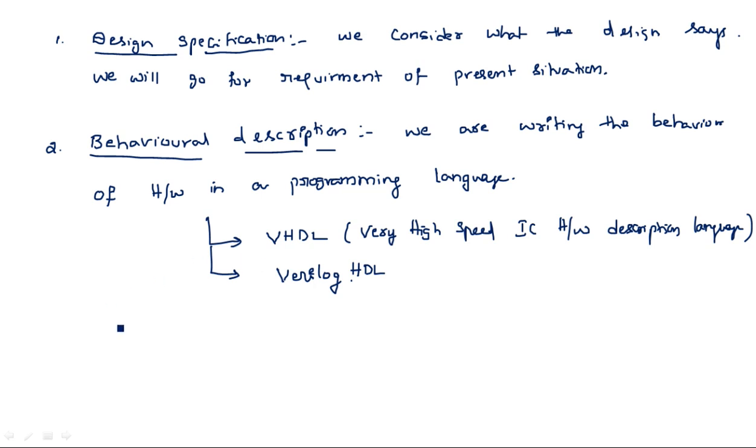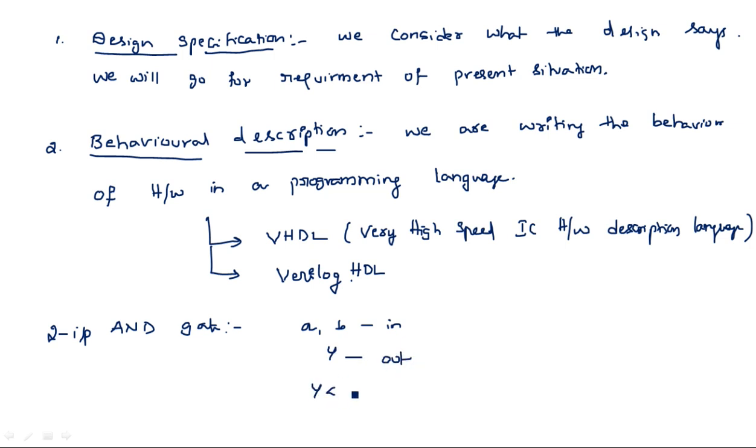Okay, suppose you are saying AND gate, a 2-input AND gate. If you consider how you are going to specify that in terms of program, we will consider A and B as input ports and Y as output port.